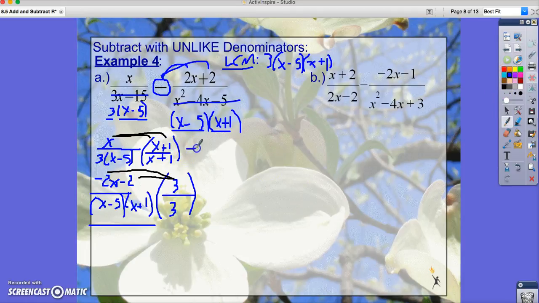So let's see what we get. Get x squared plus x over 3, x minus 5, x plus 1, and here I get negative 6x minus 6 over the same thing, 3, x minus 5, x plus 1.